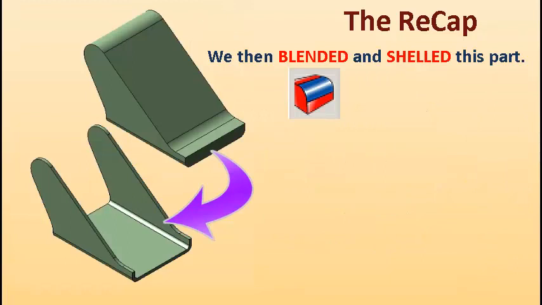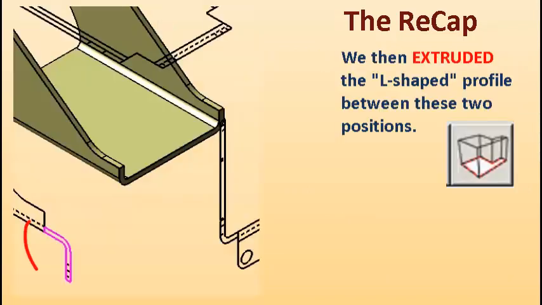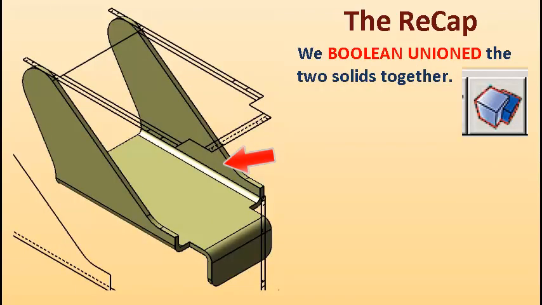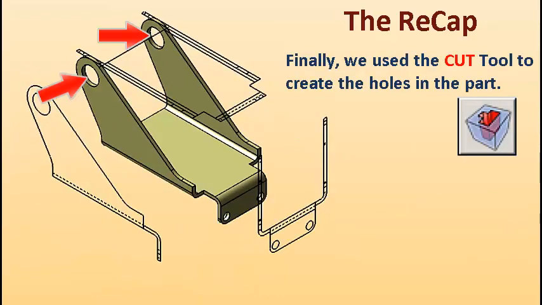We then blended and shelled this part. Then we extruded the L-shaped profile between these two points. We Boolean unioned the two solids together. We blended the bottom two corners on the L shape. And finally we used the cut tool to create the holes in the part.